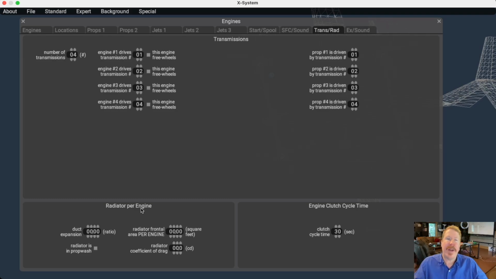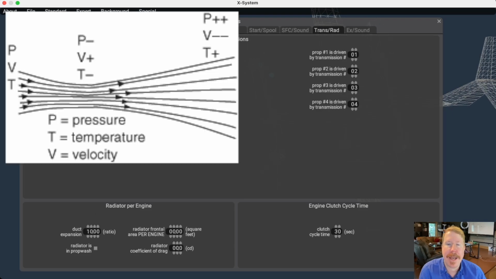But you've got to move air through the radiator to cool your engine. And you might be going fast. So how do you get around this terrible problem of having a huge radiator drag on a fast airplane? The speed is going to make your radiator drag huge. And the answer is duct expansion. Thanks to Bernoulli, if air comes into a duct and then the duct gets wider, the air slows down.